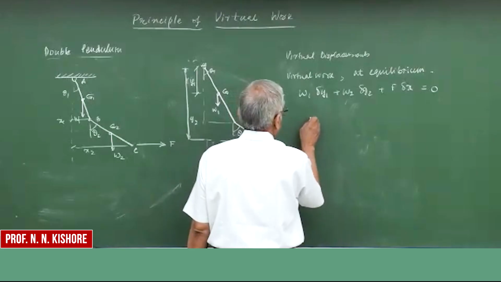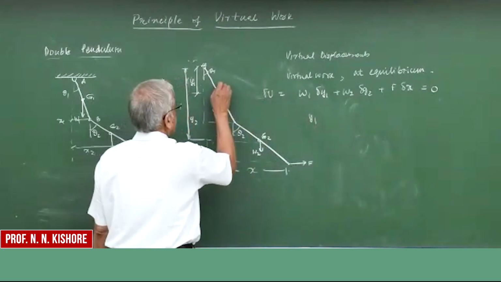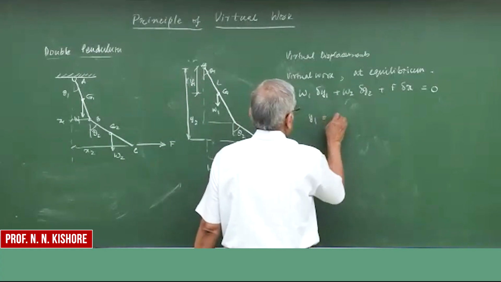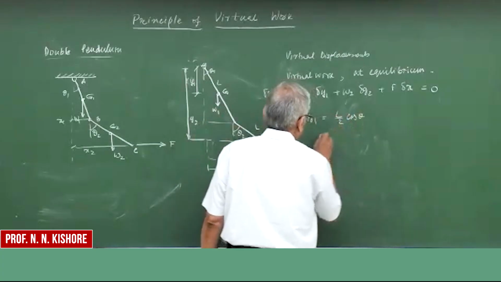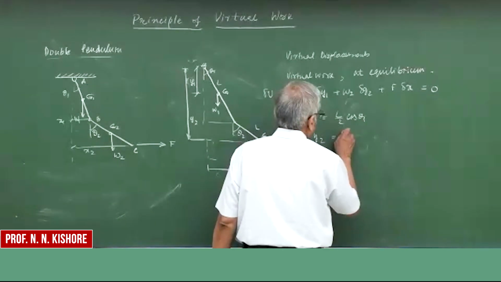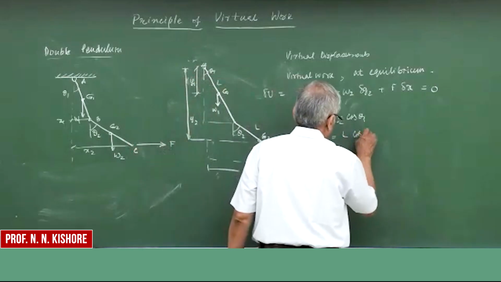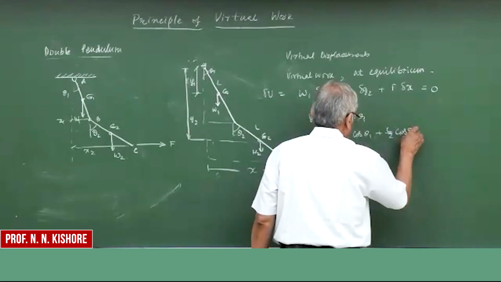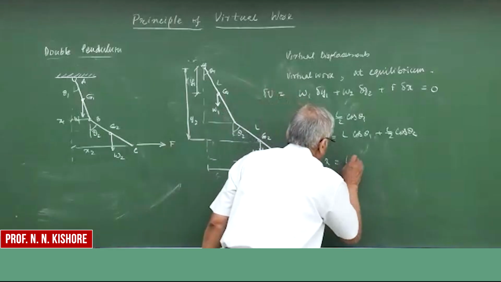For that, a little bit of manipulation. Let's assume that all these links are of length L. So Y1 is L by 2 cos theta 1, and Y2 is L cos theta 1 plus L by 2 cos theta 2, and X is L sin theta 1.